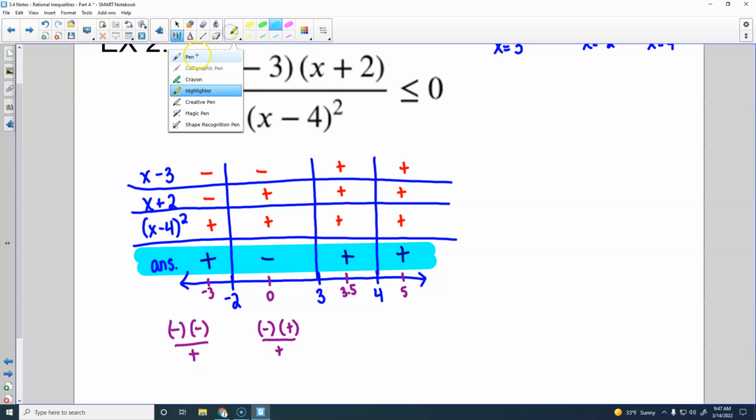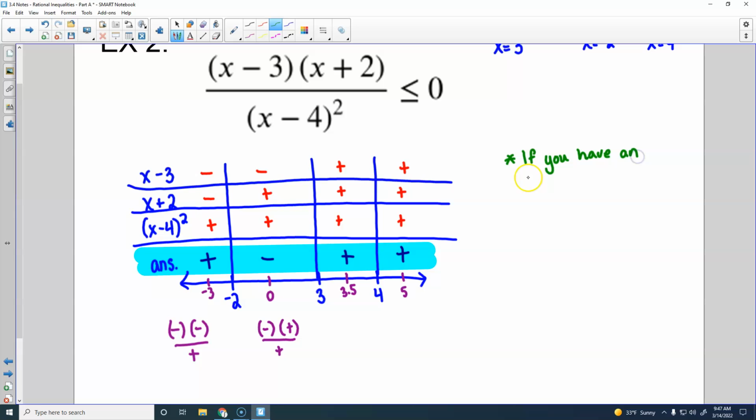Another hint right here that I'm going to tell you is when you're looking at these 3 lines right here, if you have an even number of negatives, the answer is positive.